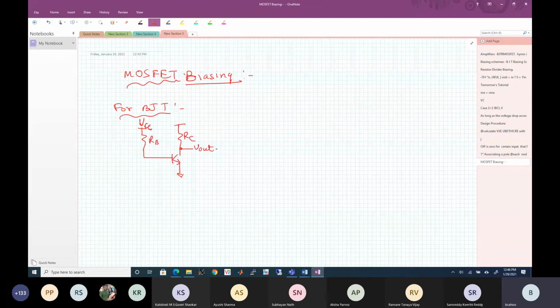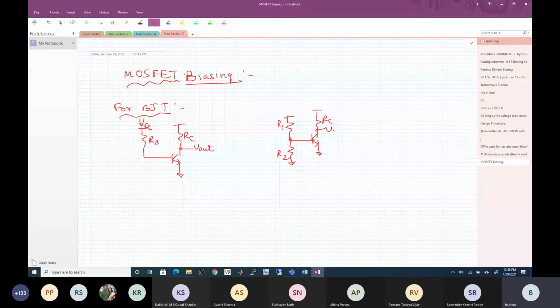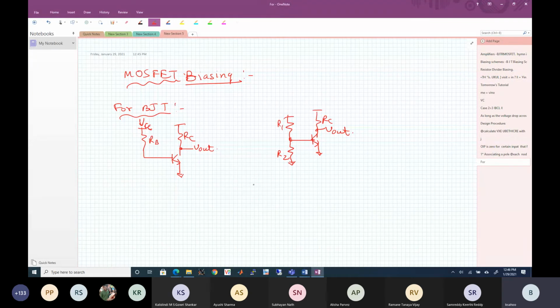This is one simple biasing scheme. Then we had this resistor divider, R1, R2, then RC, Vout, and then finally the self biasing scheme. Okay, Vout. All these can have emitter degeneration also. There is nothing stopping you from doing that.